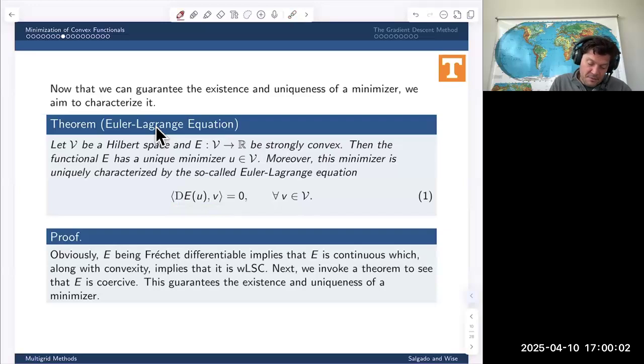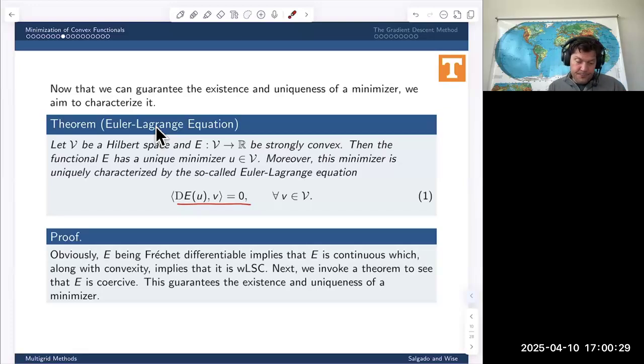Really, this just means I'm taking the derivative and then evaluating that at V, and that gives a number. That's what that means, and that's called the dual pairing. That's called the Euler-Lagrange equation. I'll give you some examples of this a bit later.